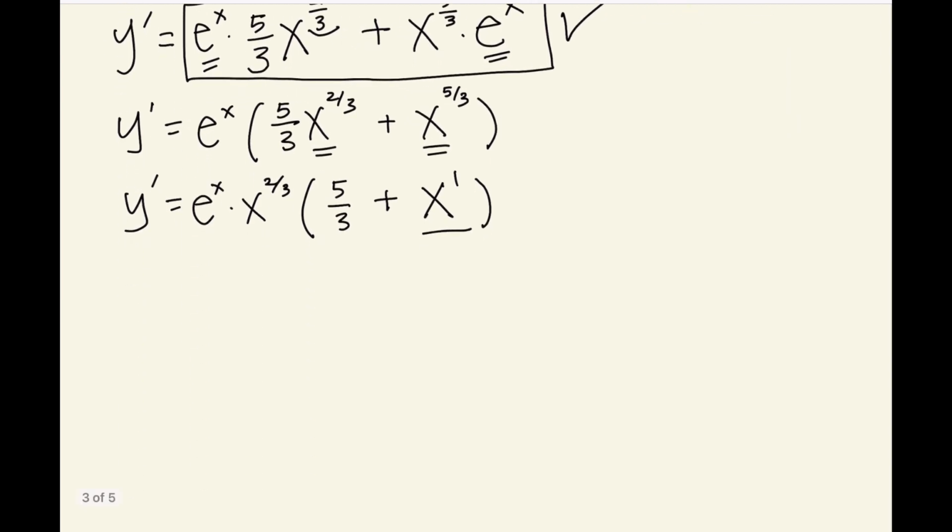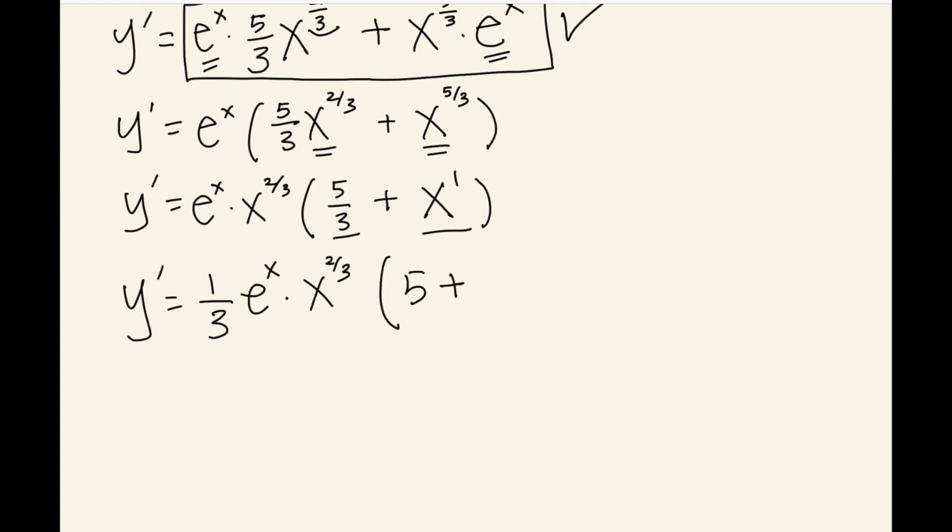And you could also factor out 1/3 if you'd like. So here I have 1/3 e to the x times x to the 2/3. And that will leave me with 5 plus. I can't just have an x here. I need to have 3x in order for the product of 1/3 times 3x to be equal to x.